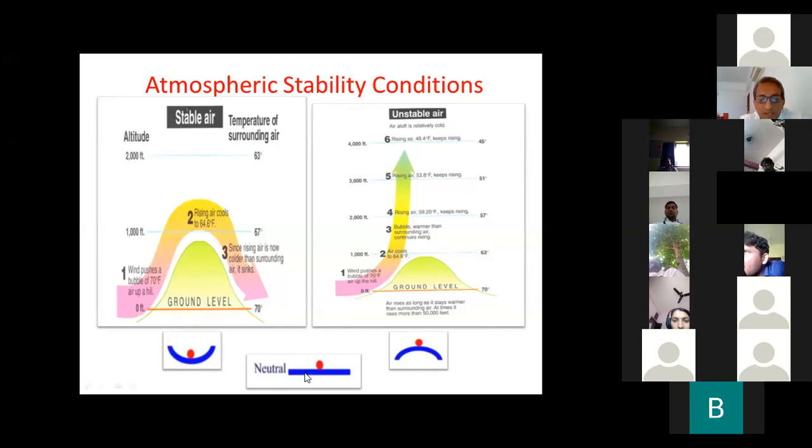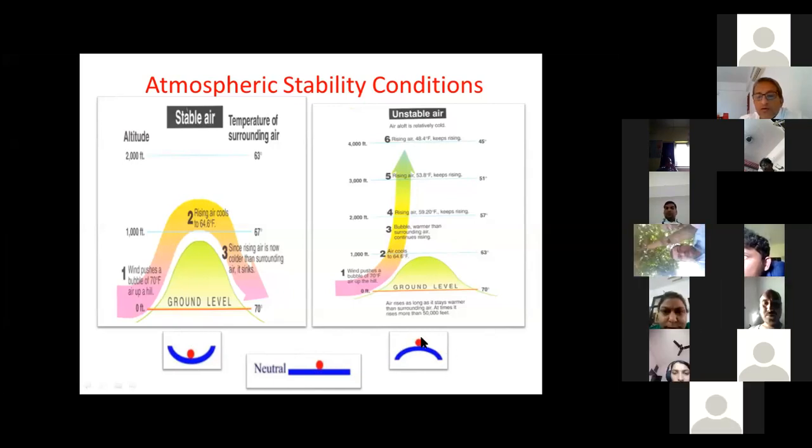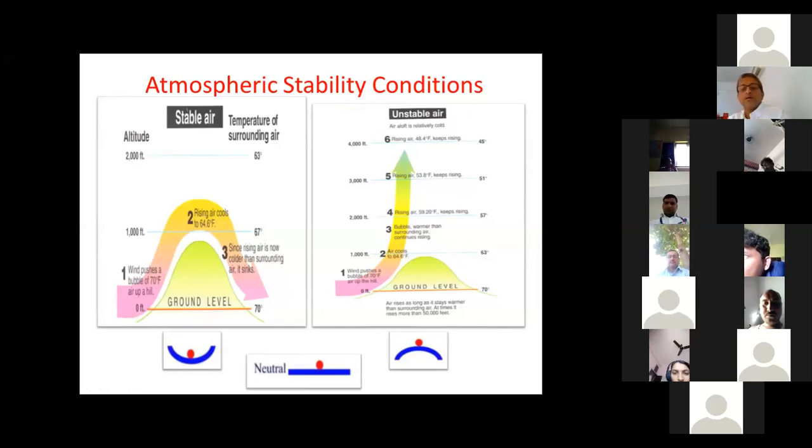And in the neutral, what happens is that it is neither increasing nor decreasing. So this condition and this condition are not good for air pollution, but this is not at all a concern here, we need not worry. So in most of the urban pollution models, we consider only two stability conditions.